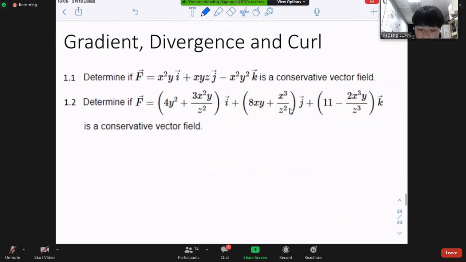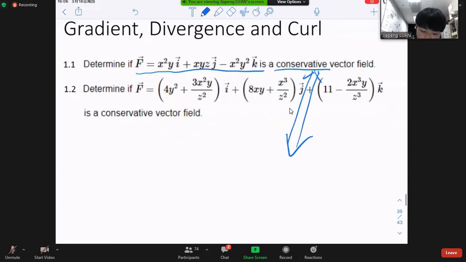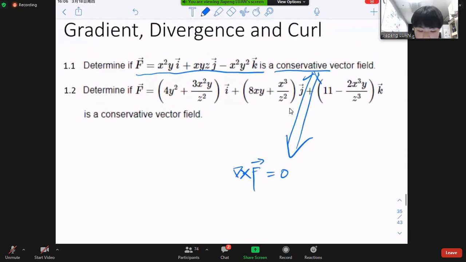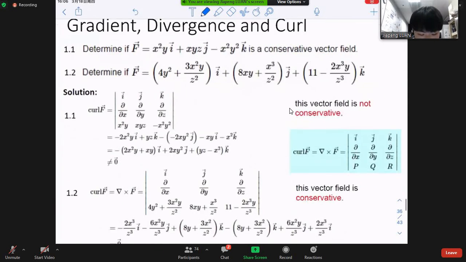The question is asking if this is a conservative vector field. What is a conservative vector field? A conservative vector field is equivalent to saying that the curl of this is 0. Okay, I think you know that. So you just need to calculate the curl of this.